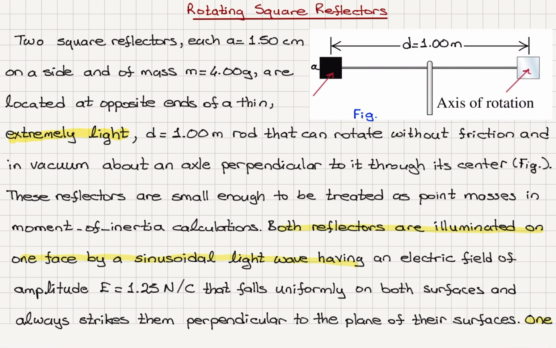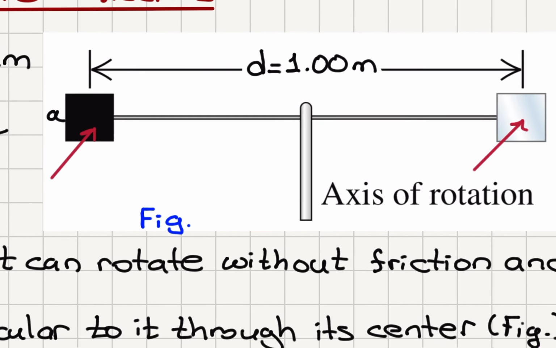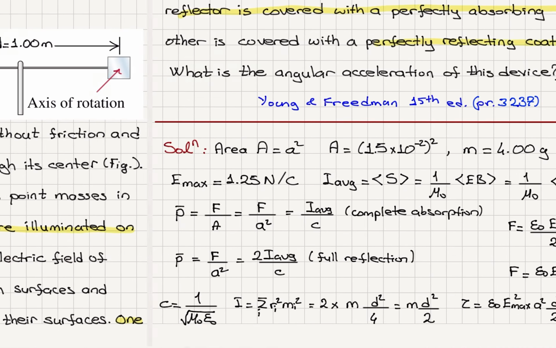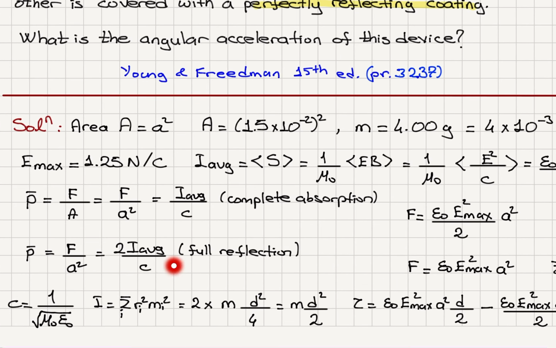Now, the pressure that is being exerted on these two surfaces is the average intensity I divided by c if it's complete absorption. It's twice I average over c if it's full reflection, because the change in momentum in this case is twice that of the complete absorption case.